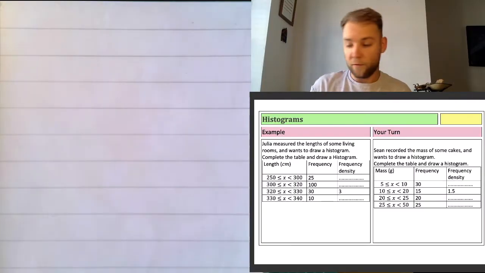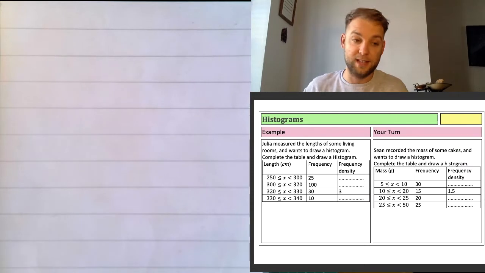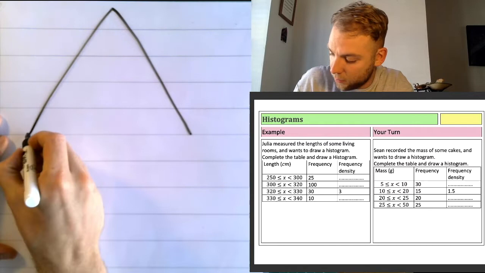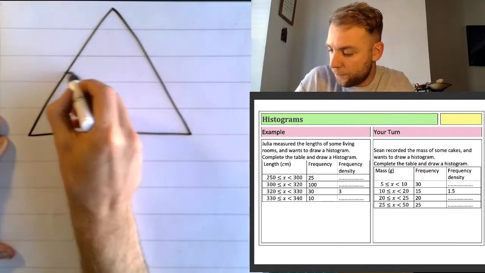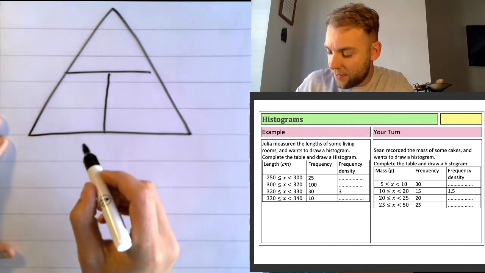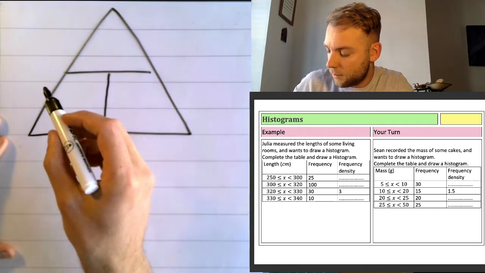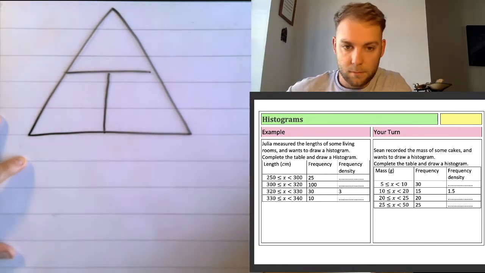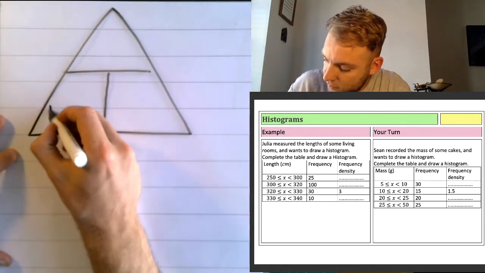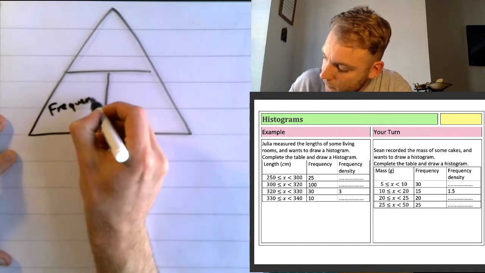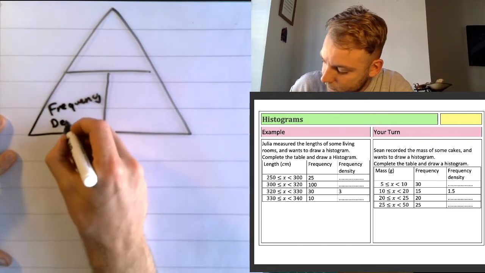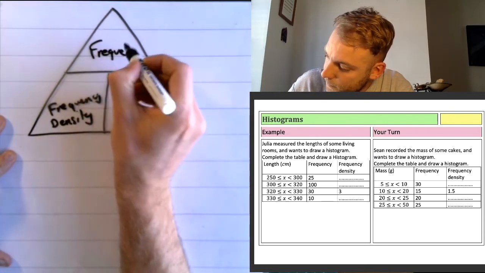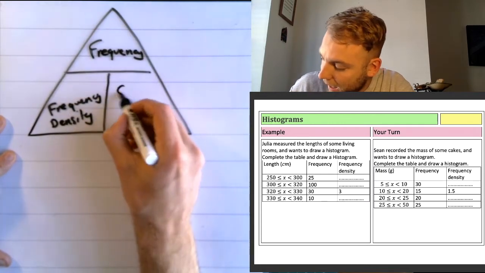It's worth, first of all, getting down the triangle for histograms so we can work out any part of it. It's a formula triangle that we use, and we know that the frequency density is equal to your frequency divided by your class width.